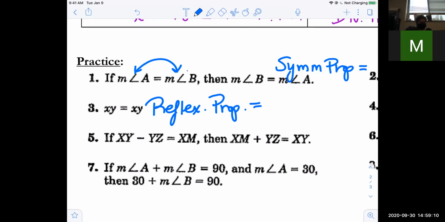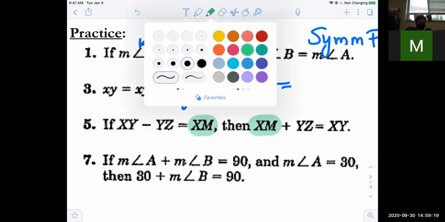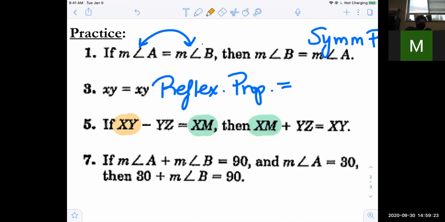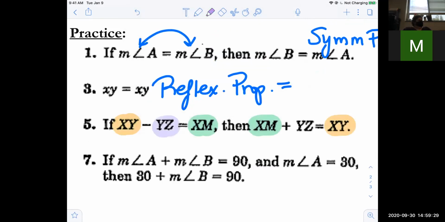Okay, so let's see what's going on here. I'm going to highlight: here's XM, here's XM, here is XY, and here's XY, and then here's YZ, and here's YZ. Basically, the purple thing switched sides, because the purple is now with the green.